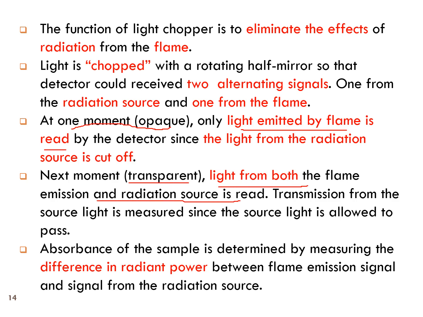Transmission from the source light is measured since the source light is allowed to pass. So the absorbance of the sample is determined by measuring the difference in radiant power between flame emission and the signal from the radiation source. So the interference from the flame is subtracted beforehand.